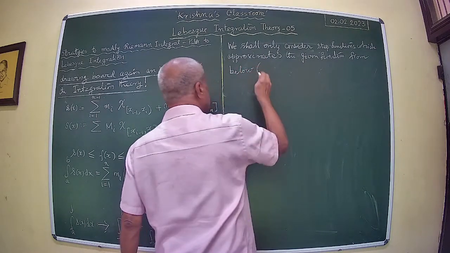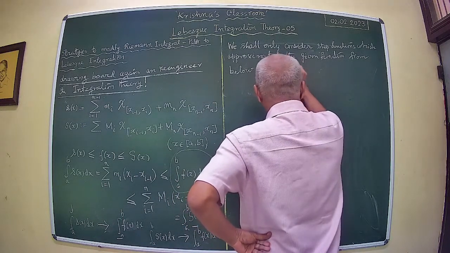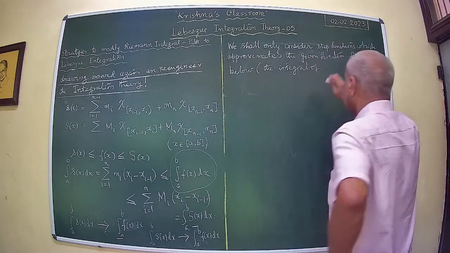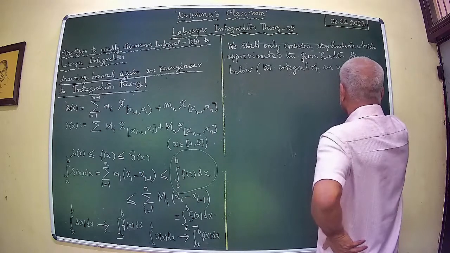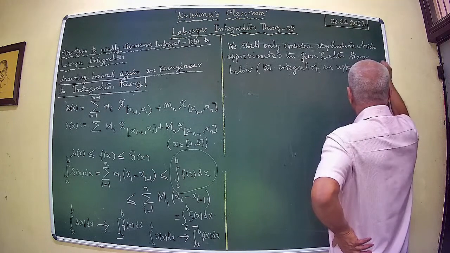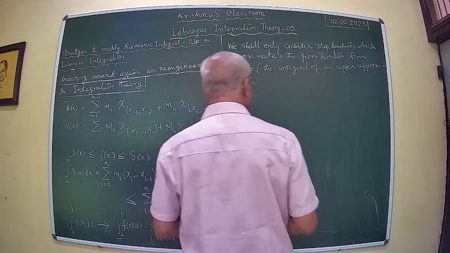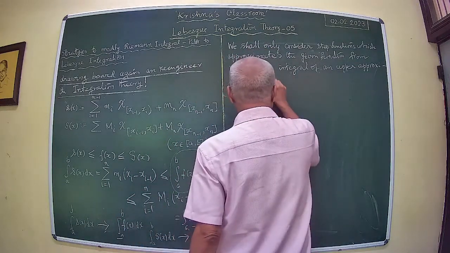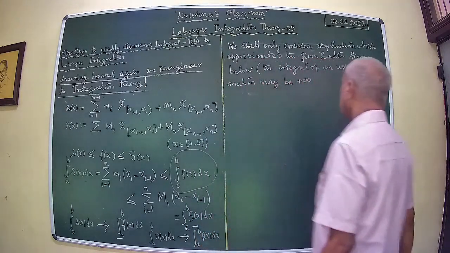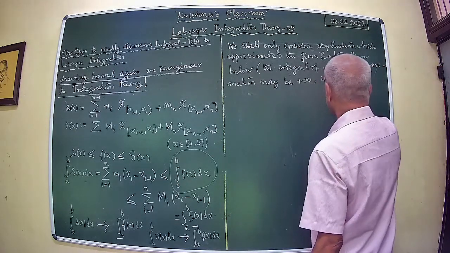The reason is the integral of an upper approximation is maybe not finite, for every such if f is lower.